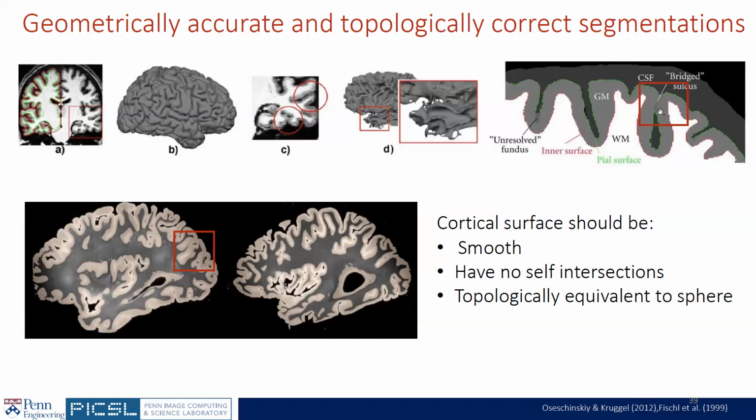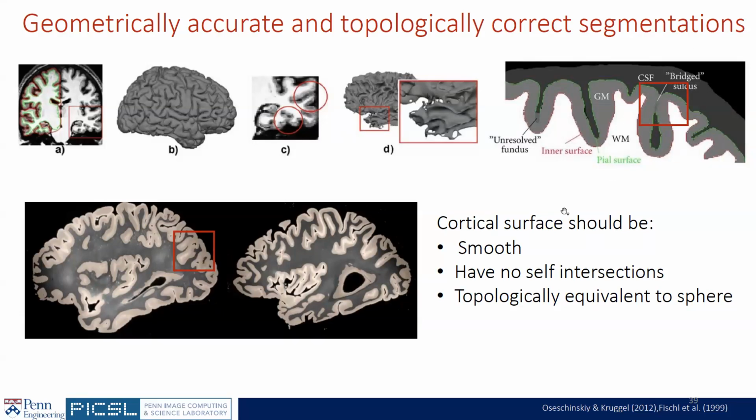Or for example, over here, this is a bridged sulcus, right? This is a sulcus, and then this part is bridged. But in reality, this should be 2 separate sulci, right? So there should be a line going through which tells the network that this is the background, as well as the gray matter, right? That's a really thin line over here.